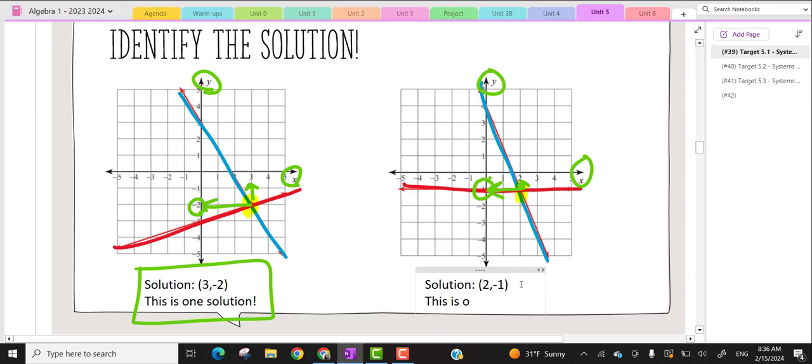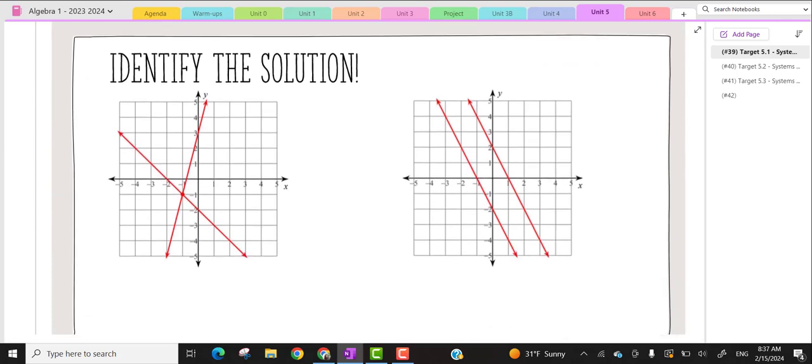Okay, this is one solution. En español, so las líneas están cruzando a un punto y este punto es 2, -1, porque la x es 2 y la y es -1.